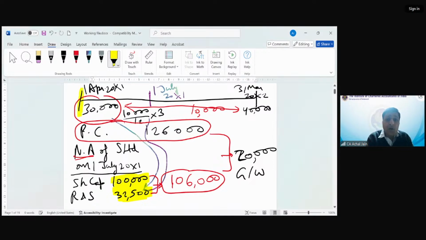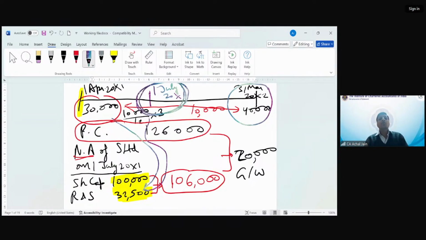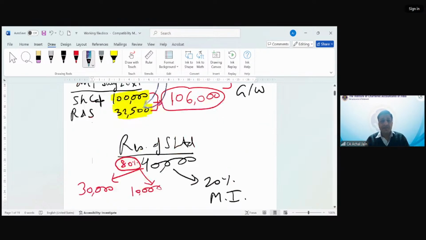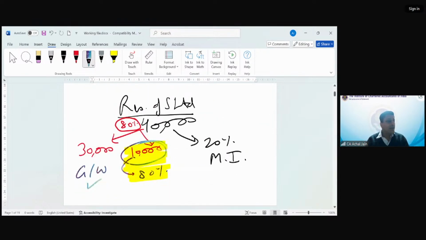Why? Because your date of reporting is on this date and your date of acquisition is this. Okay. So that's why you face this problem. Understood? Now clear on this? Everyone clear on this?